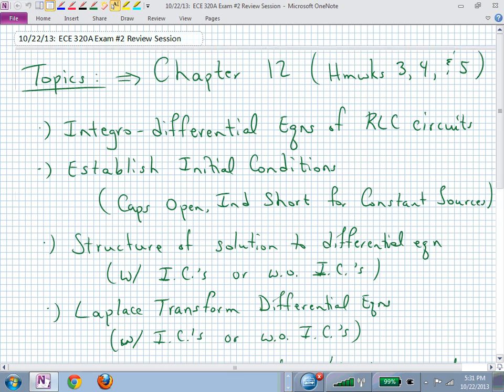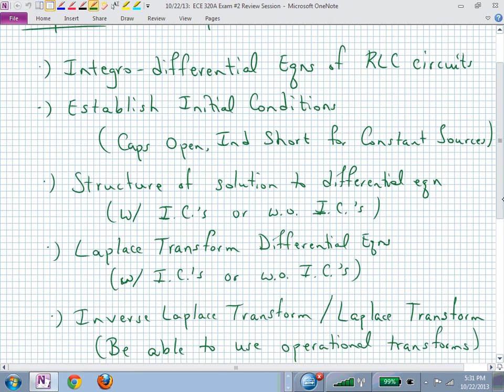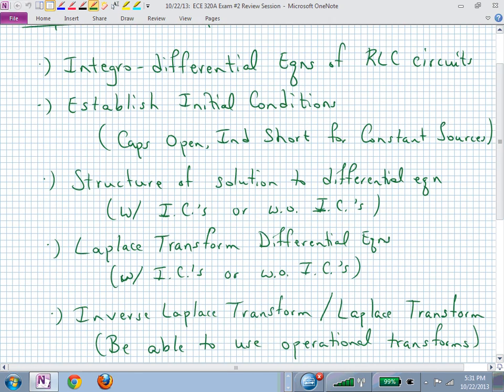And that involves this list, which I haven't posted in any other form yet on D2L or otherwise, but essentially you should be able to follow the chapter 12 material that's on the practice exams. There's more material on those practice exams than just chapter 12.